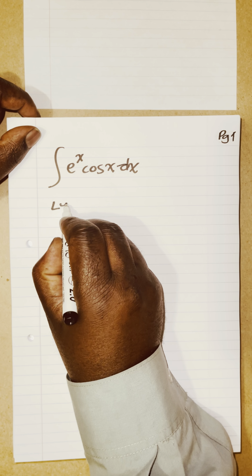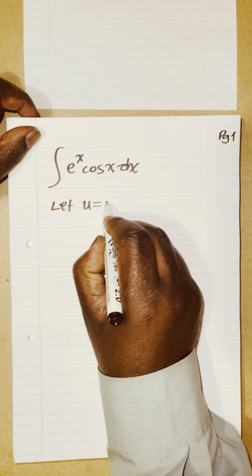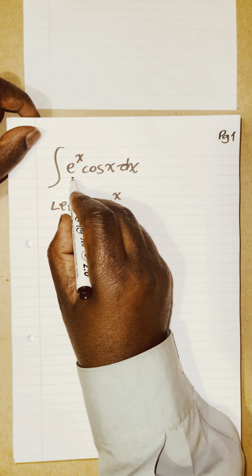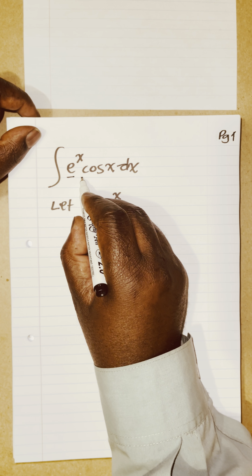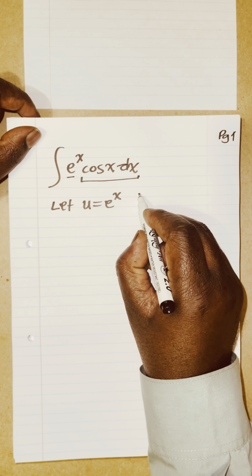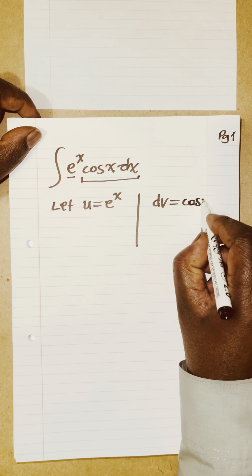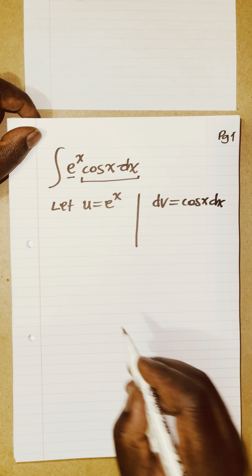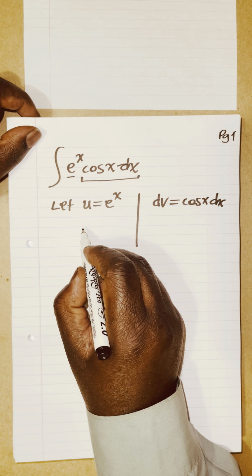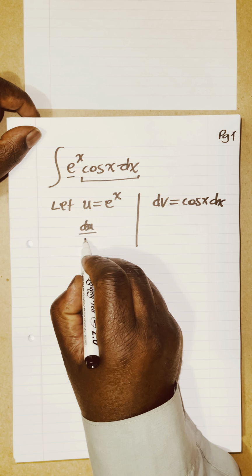So we're going to let u be equal to e to the power x, and then dv will be equal to cos x dx. Now on the left we differentiate du/dx.